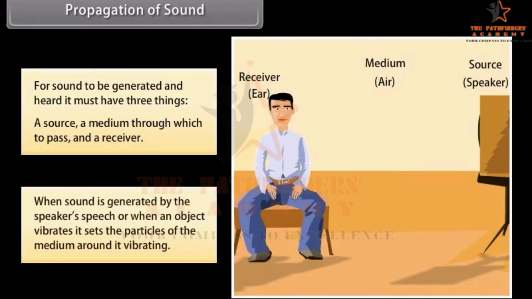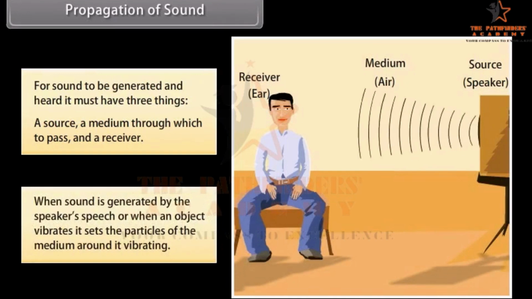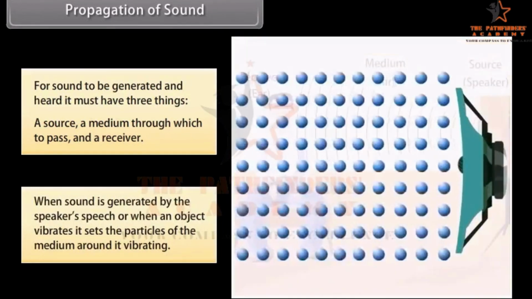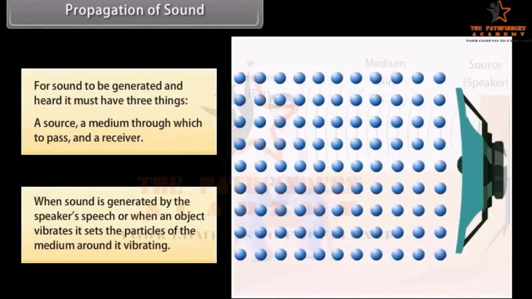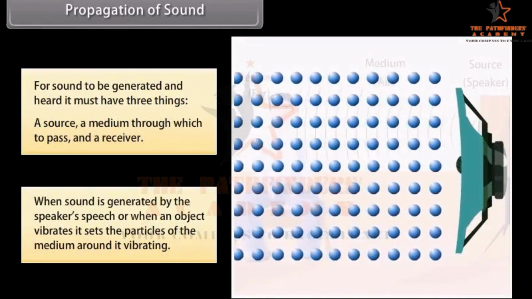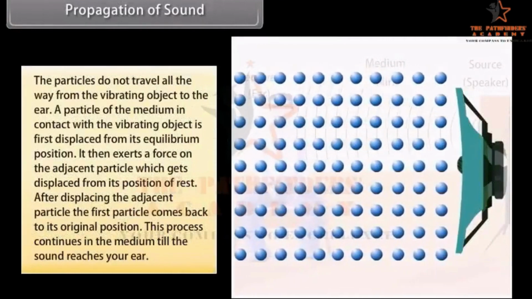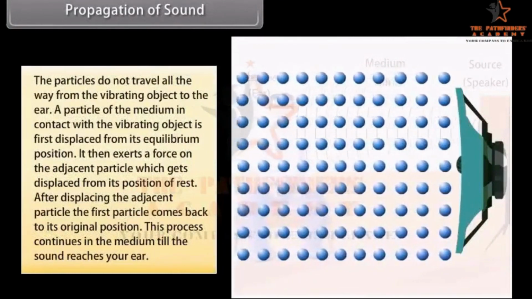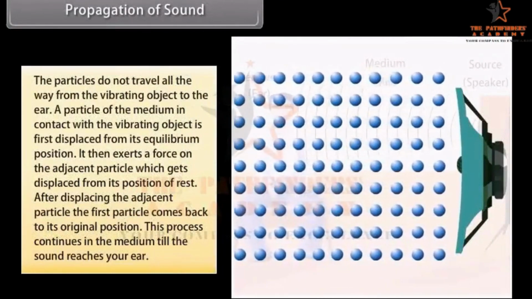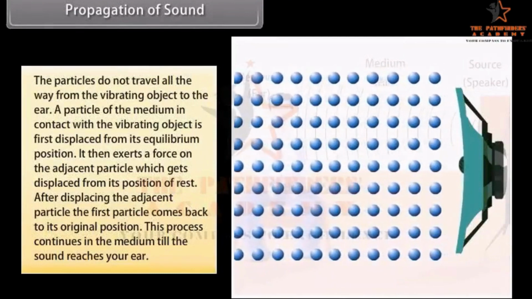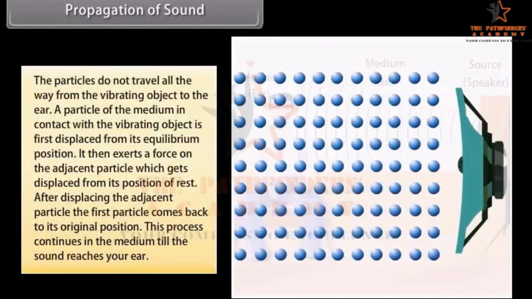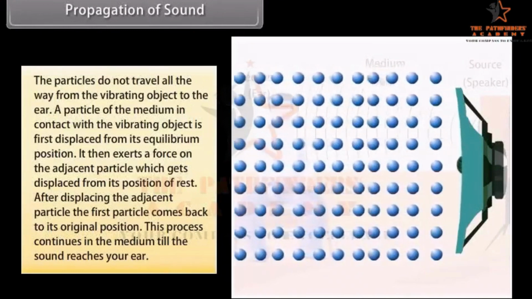When a sound is generated by the speaker's speech, or when an object vibrates, it sets the particles of the medium around it vibrating. The particles do not travel all the way from the vibrating object to the ear. A particle of the medium in contact with the vibrating object is first displaced from its equilibrium position.